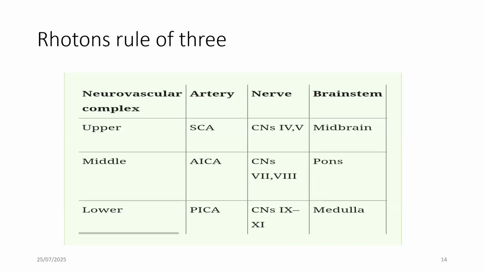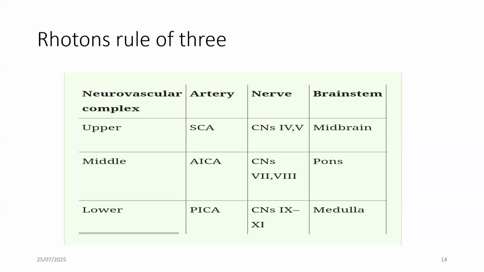So the significance of this is that once one is able to locate any of these structures, then one is always sure that the other structures in the same category are nearby, so that one will be careful not to injure them when one is exploring. And then another significance of this Rhoton's rule of 3 is that in the retrosigmoid approach, one has to retract the cerebellum, which is one of the drawbacks of the retrosigmoid approach.